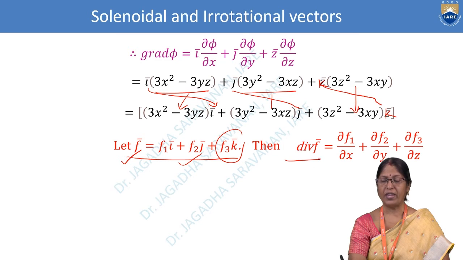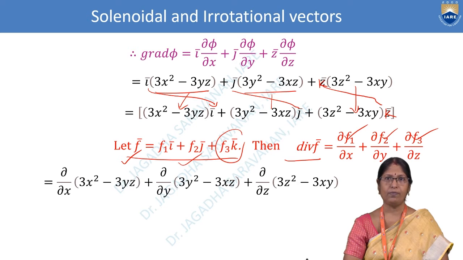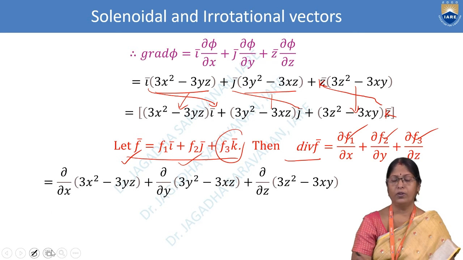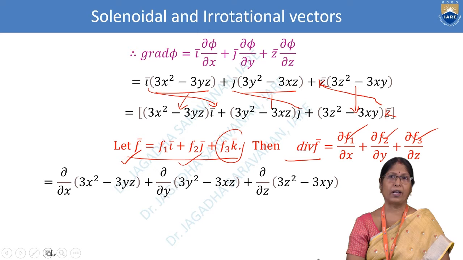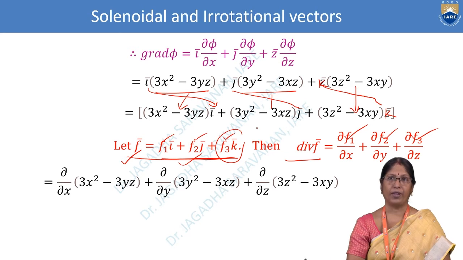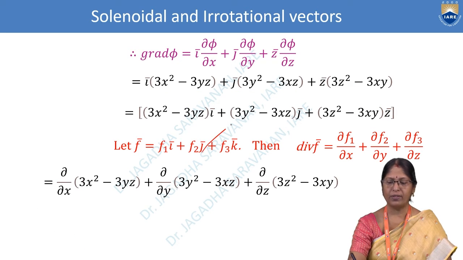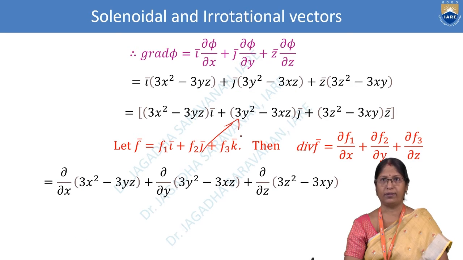Then divergent f is dou f1 by dou x plus dou f2 by dou y plus dou f3 by dou z. So now we are going to compare the components of vector f, f1, f2, f3, with this result.